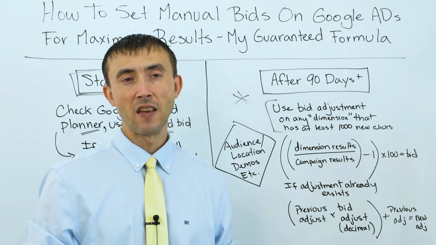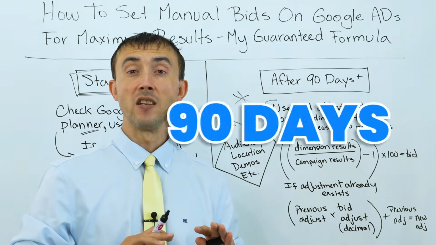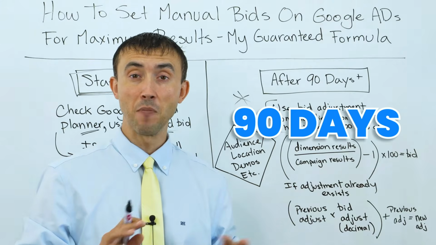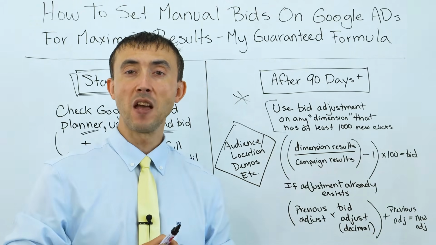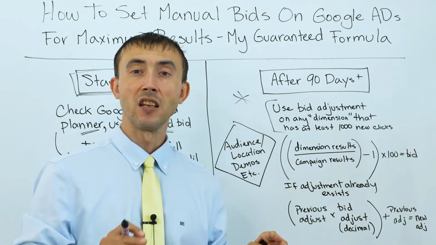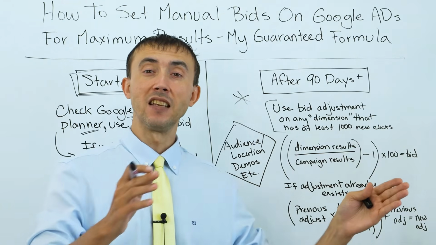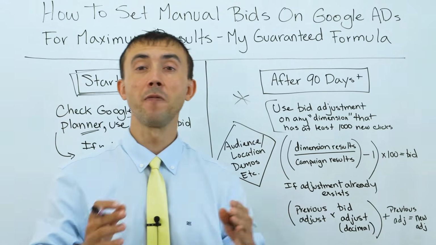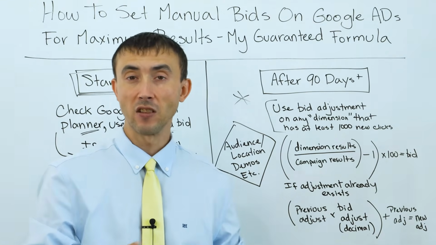To simplify this, what we used to do at our firm is wait 90 days. And every 90 days, somebody at our firm would go through all the dimensions, and if any dimension had at least another 1,000 clicks on it since the last time we did it, or in the last 9 months has had at least an additional 1,000 clicks, if the previous 2 quarters have not had 1,000 clicks in it itself.